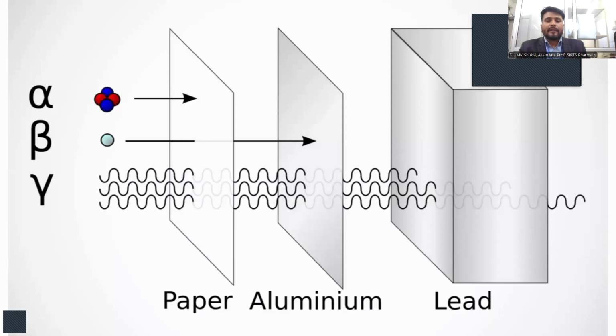Gamma rays have very good penetration power and can pass paper and aluminum as well. So for stopping and controlling gamma rays, we have to take lead blocks.